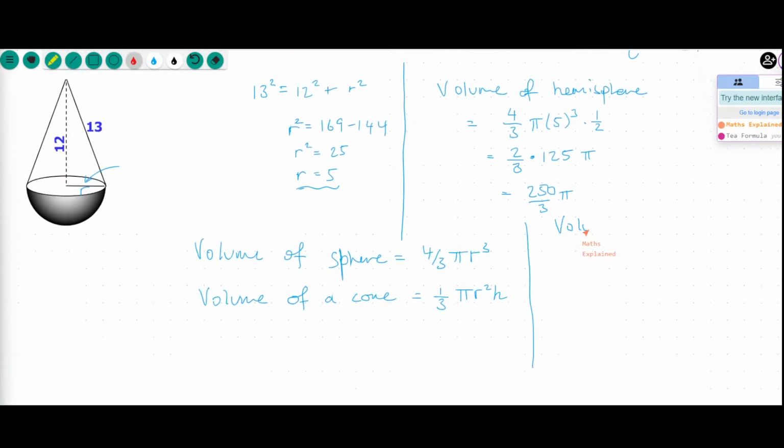Then the volume of the cone is going to be 1/3 pi r squared h, where r is again 5, and the height is 12. Okay, so 12 divided by 3 gives us a nice whole number of 4. Multiply that by 25, and then 4 times 25 is 100 pi.